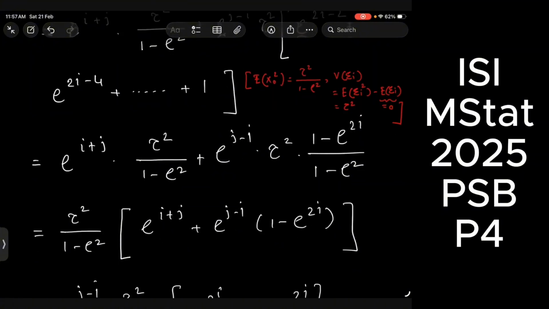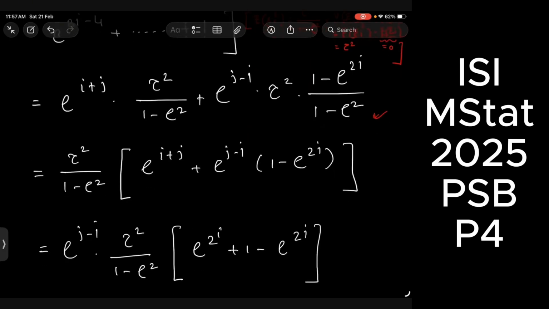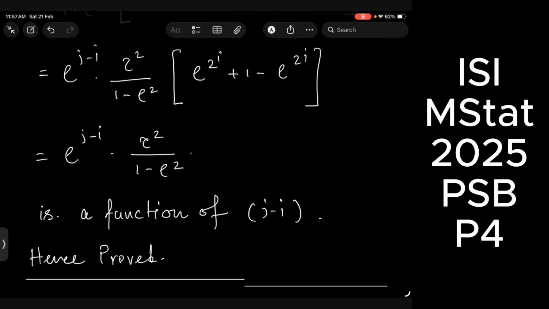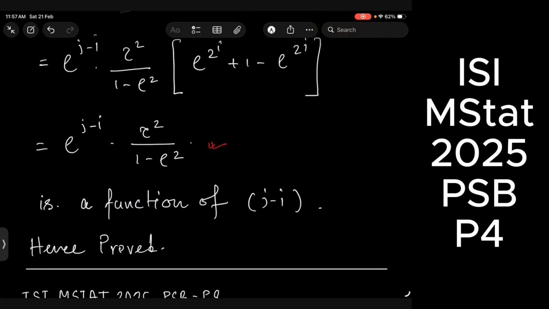And then we get this term by adding up the GP, right? And then we have taken the common term and ultimately reached this expression.